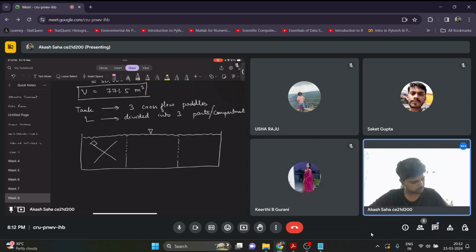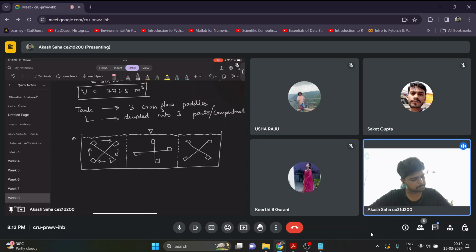This is my first paddle. This is my second paddle. And this is my third paddle. It is moving like this. I can just show the direction also.